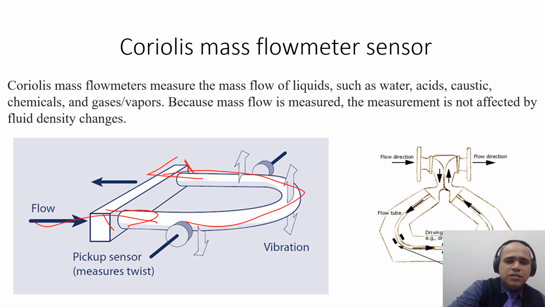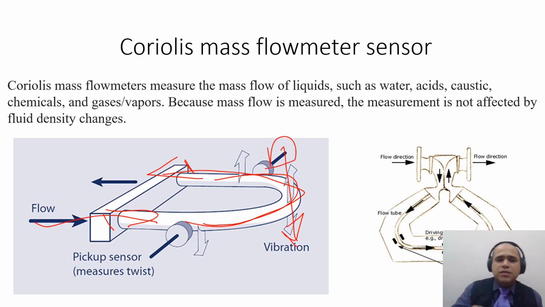But during this curvature action, Dean forces are produced, and these forces vibrate the tube. Depending upon the vibration, two pickup sensors are connected, which are proximity type sensors, and they measure this vibration. These vibrations are typically directly proportional to the flow. And this is how the Coriolis mass flow meter works.